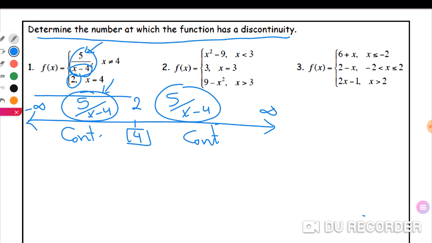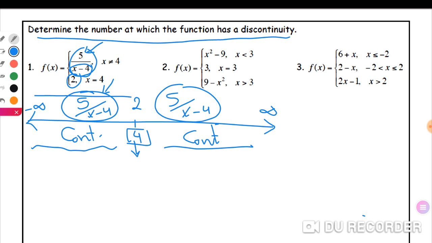The rest is the value of the real number at which I have to discuss the continuity, which is x equal to 4. Since for all values less than 4 the function is continuous because it is defined on this interval, and for all values greater than 4, the function is also continuous.